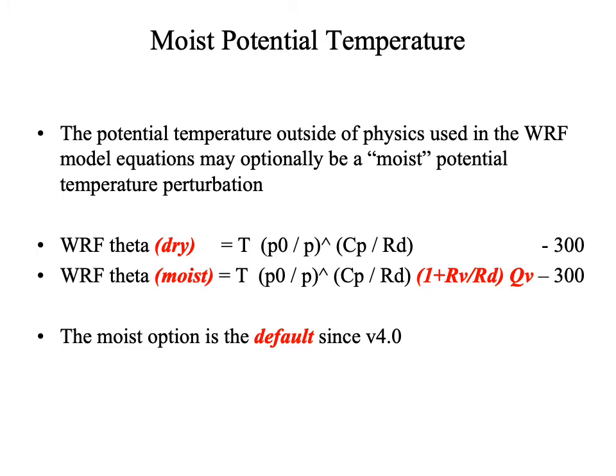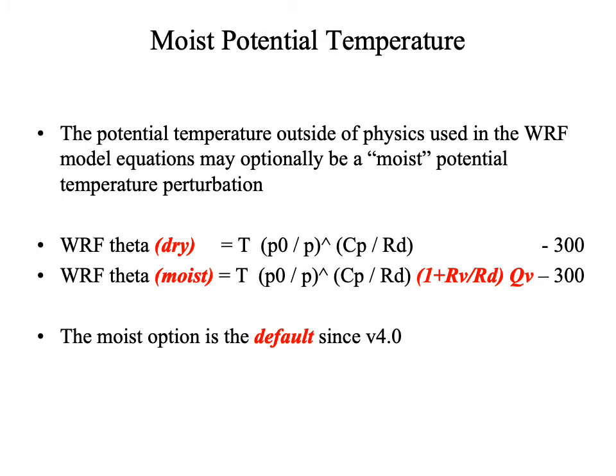So, for example, if the field was 300 Kelvin, the T field would report the value of 0. So it's easy to be confused and think that the field that's coming out is either a temperature in degrees C or some other unusual diagnostic. The T field coming out of the real program, coming out of the WRF model, is dry potential temperature minus 300.